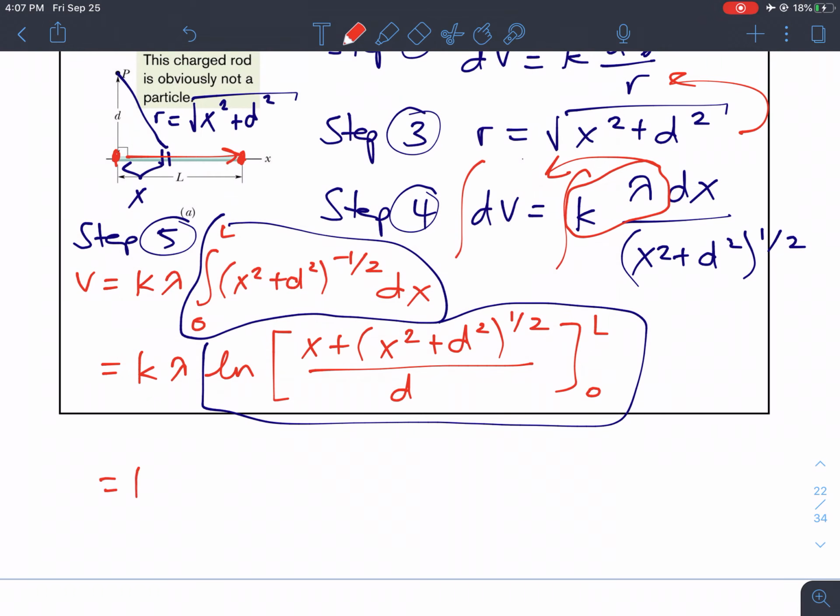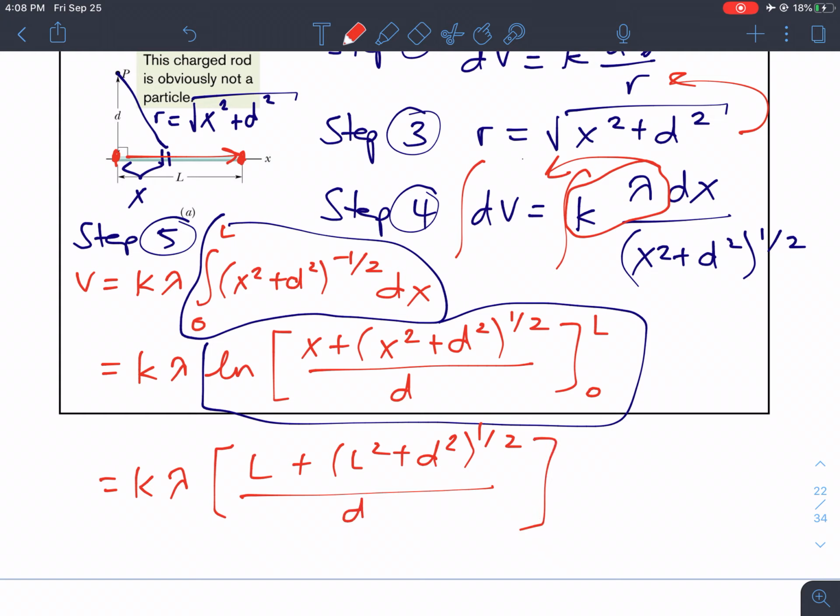So we have k lambda. After putting the limits in, we end up with L plus the square root of L squared plus d squared, divided by d. The zero term goes away. I forgot the ln. We have the natural log right here.